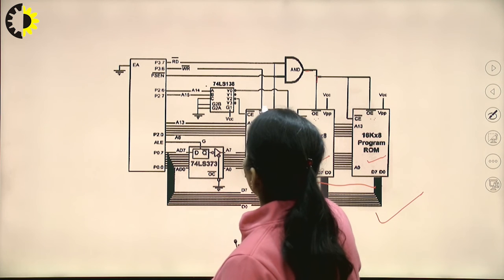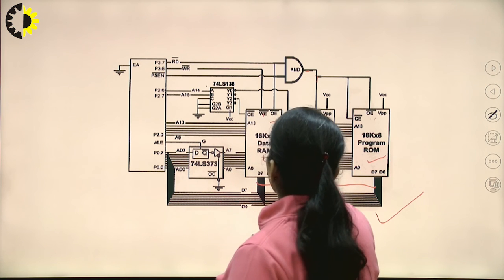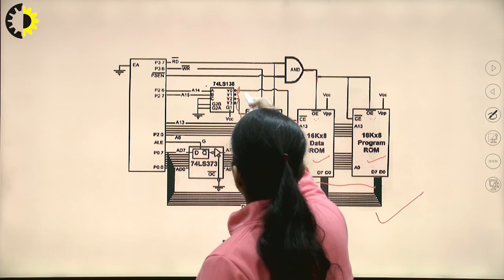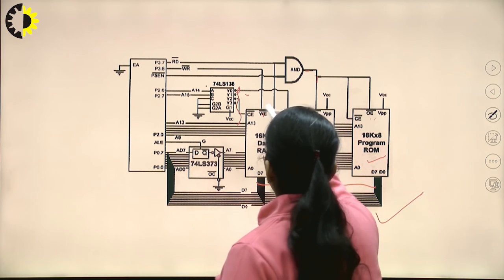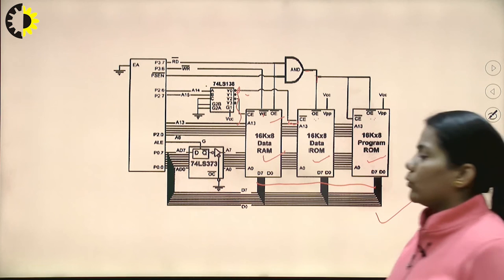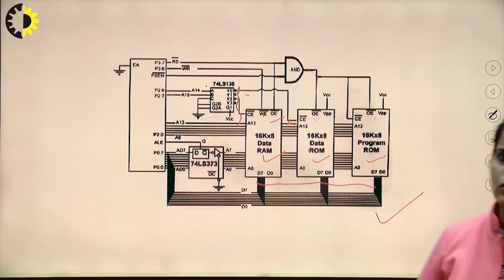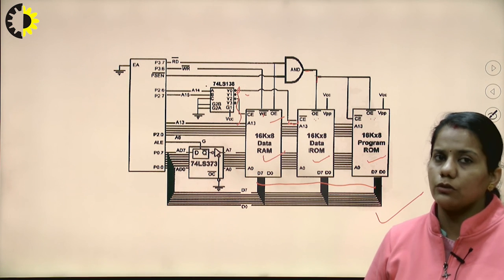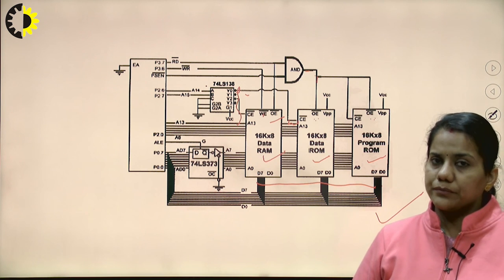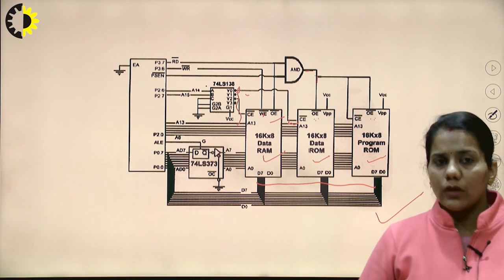Here WE is connected to the write signal. In this way, and using the decoder logic, we are selecting the ICs. So in this way, all three types of ROM and RAM are connected to the 8051. So that's all for today. Thank you.